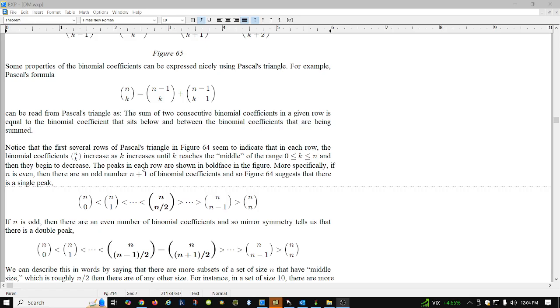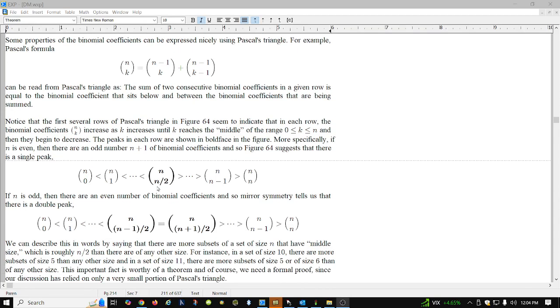Specifically, if n is even, then there's an odd number, n plus 1, of binomial coefficients, so there is an exact center. It's n choose n over 2. That should be the maximum value, we conjecture.